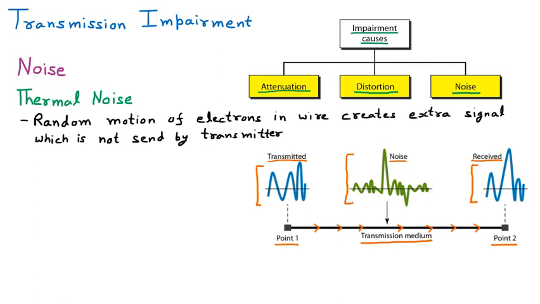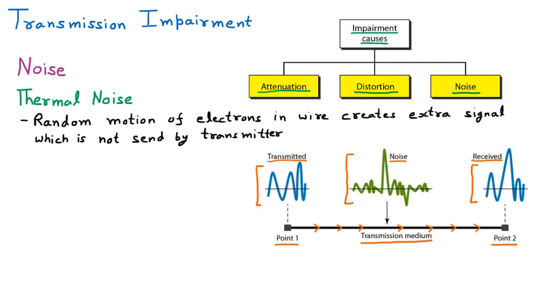Because of the movement of those electrons, some different signal is generated which is mixed with the actual signal. That actual signal and the electron movement signal are merged and then sent to the destination. Because of that the noise comes. This is called the thermal noise, and it is not added by the transmitter. The transmitter has not sent this noise. This noise is created through the wire.